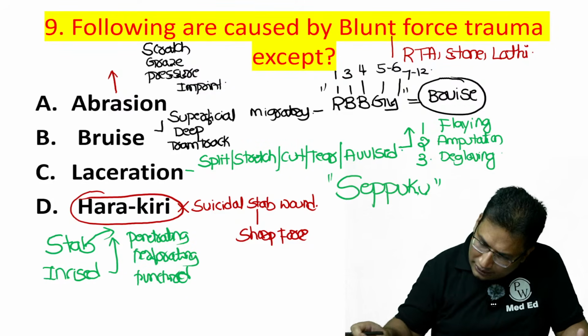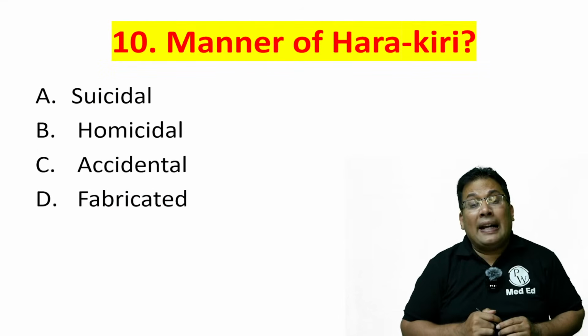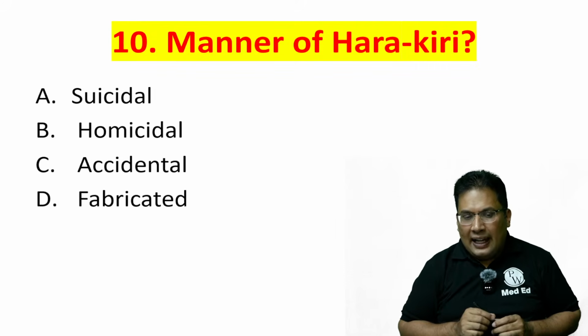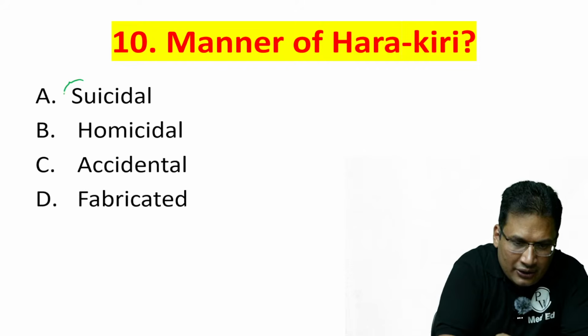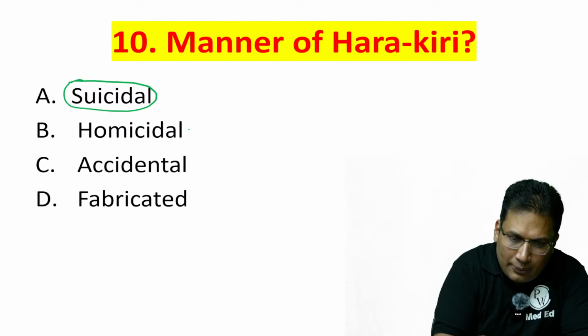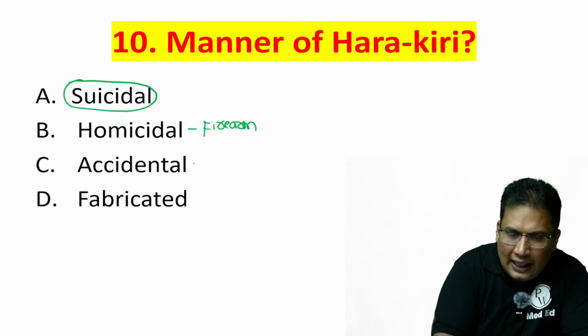And the last question, the manner of harakiri: suicidal, homicidal, accidental, fabricated. Harakiri, the answer is suicidal. Homicidal, one of the commonest methods is firearm injury. Accidental is in case of road traffic accident.